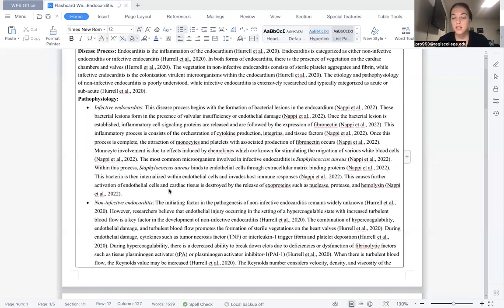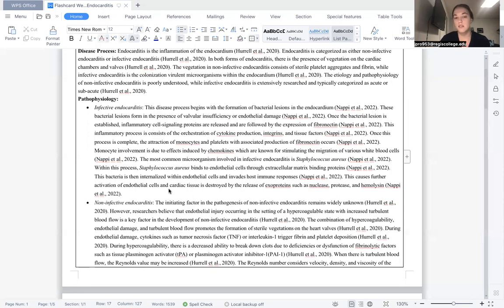Once that bacterial lesion becomes established, there's an inflammatory cell signaling process that occurs, and those proteins are released and followed by the expression of fibronectin. That inflammatory process consists of orchestrations of cytokine production, integrins, and tissue factors.